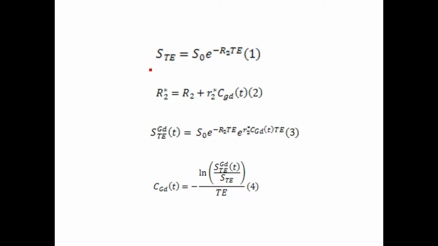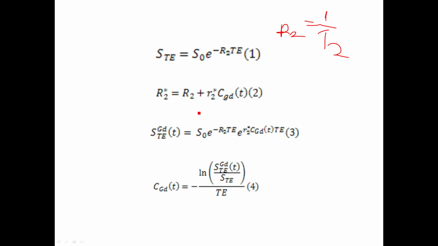The received signal can be formulated as S0 times exponential of minus R2 times TE. R2 is 1 over the T2 value. The T1 value is ignored as imaging using dynamic susceptibility contrast is done on T2 weighted images.